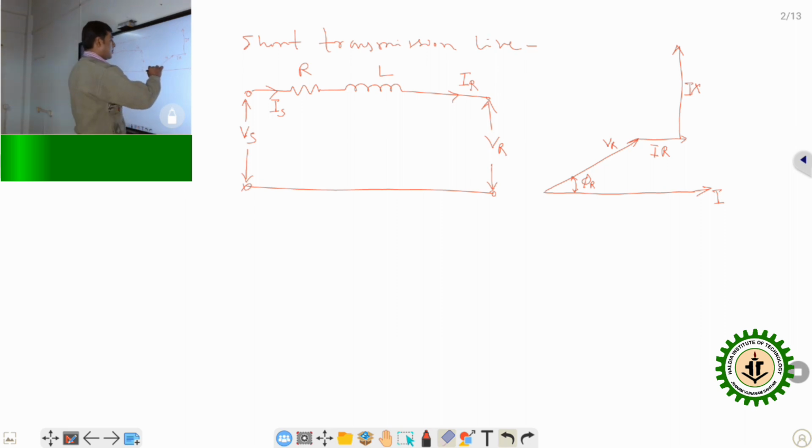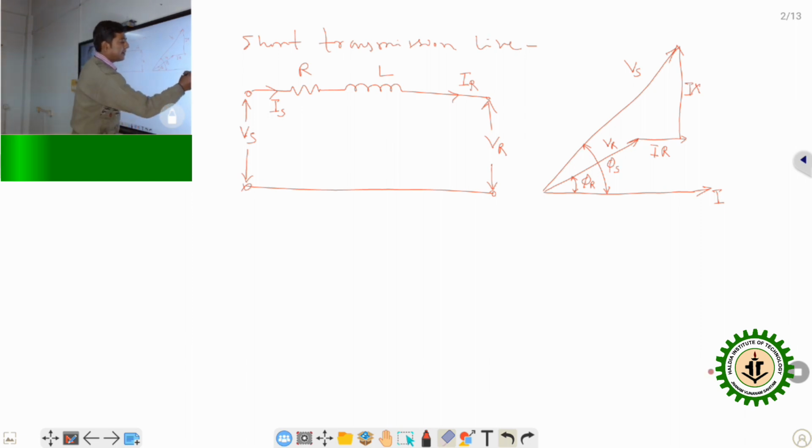Afterward I get the voltage VS, the sending end voltage, and the angle between the current and VS is represented as phi S, the sending end phase angle.